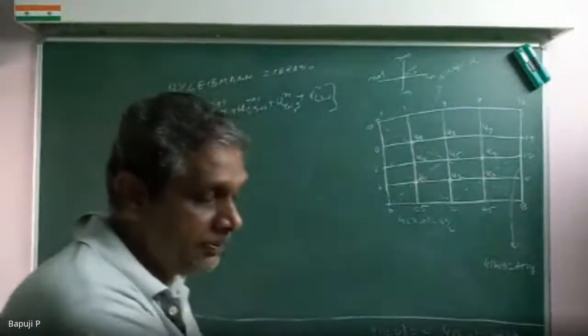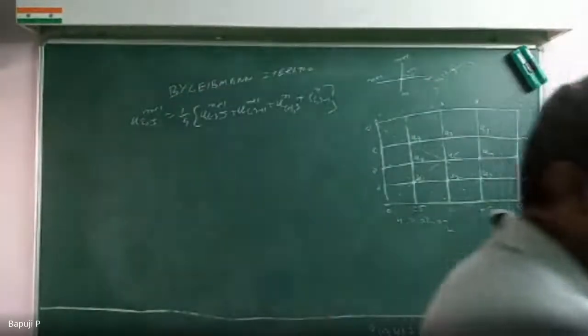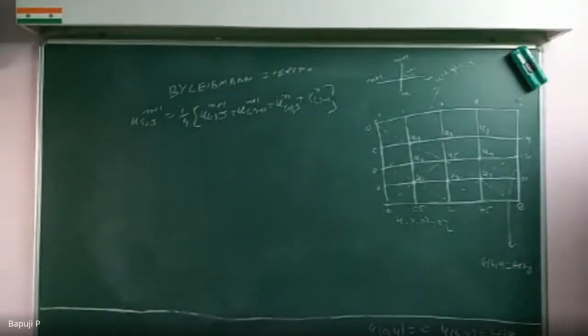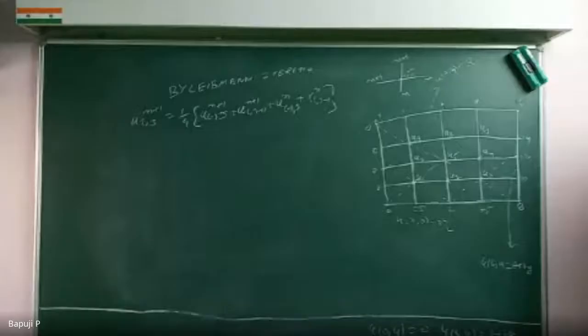Once you have the formula prepared, n is equal to 0, 1, 2, 3, 4 you can do, then automatically you get 4, 5, 6 iterations. Getting or not? Any problem? No, sir.